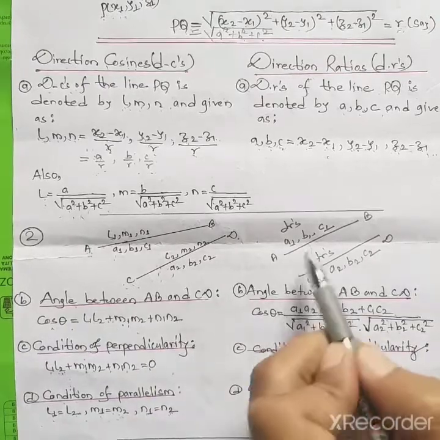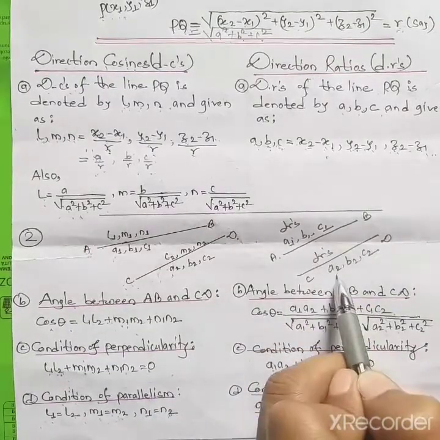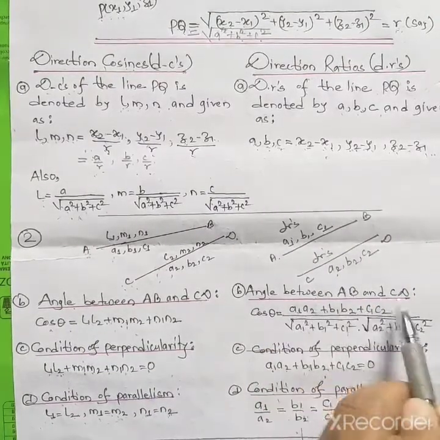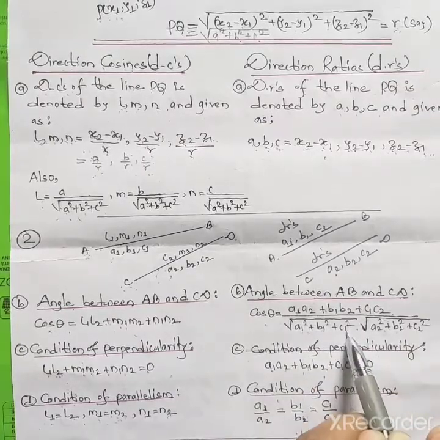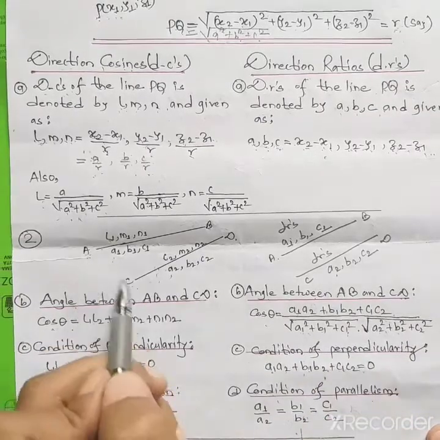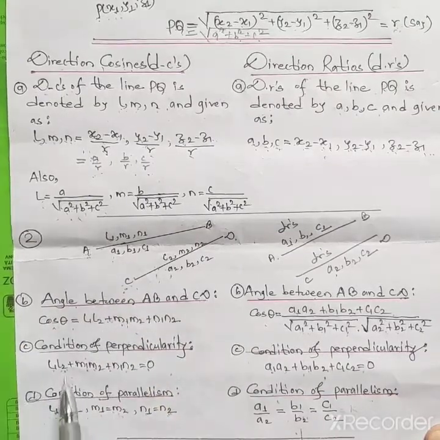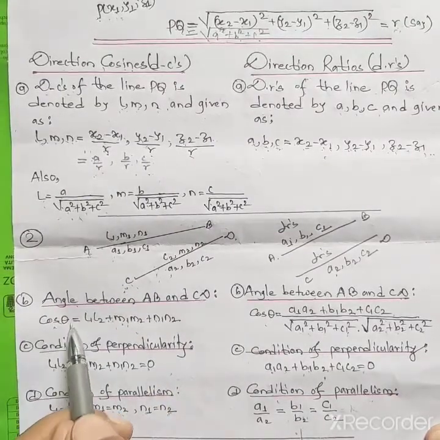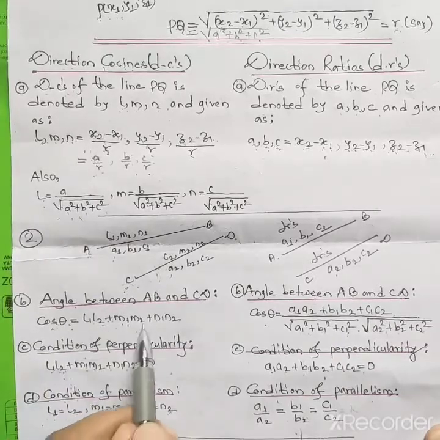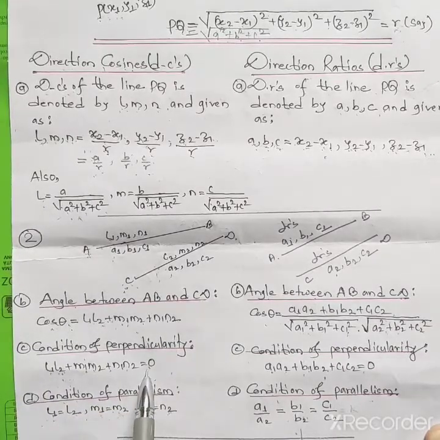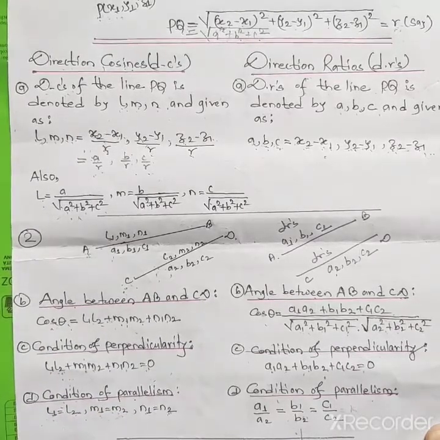If the direction cosines of any two lines are known, then the angle between them can be calculated using this formula. For the condition of perpendicularity with direction cosines, since cos 90 equals 0, we simply make these terms equal to 0. And the condition of parallelism, you just remember this one.